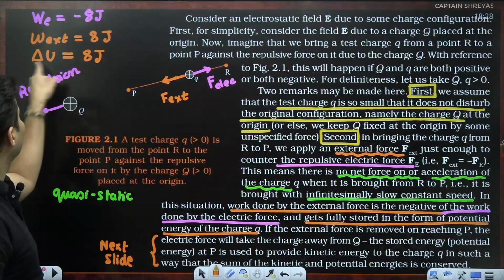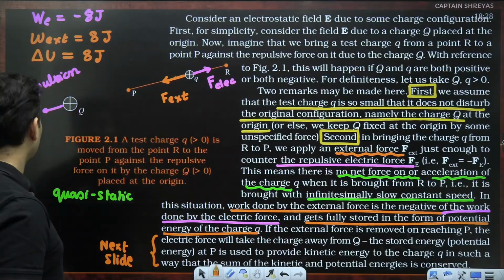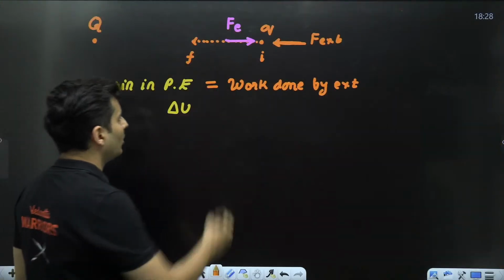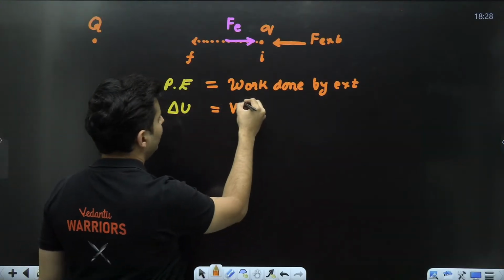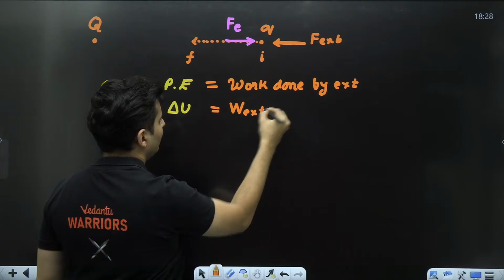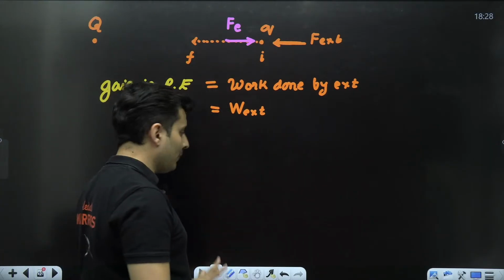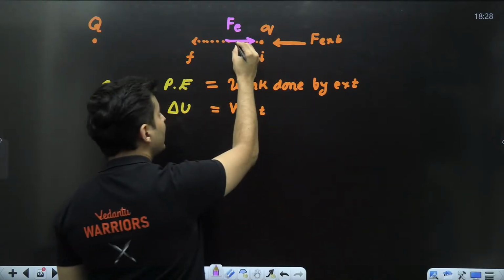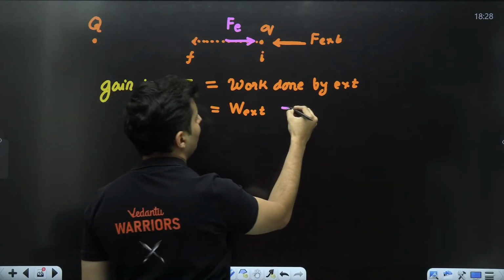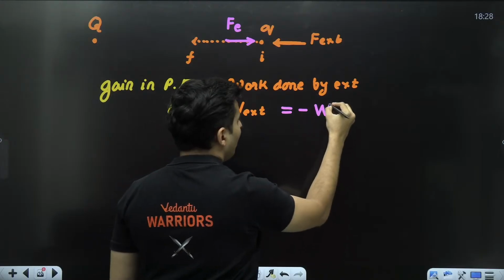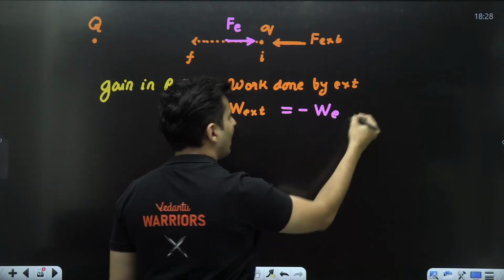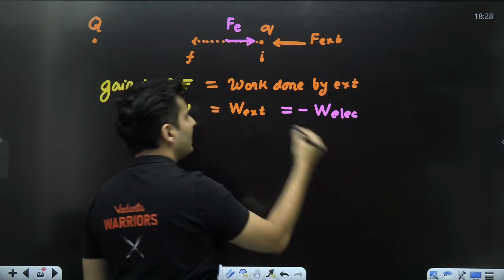Whatever work you do is the increase in the potential energy, which is work done by our external force. At the same time, what happens is the electric force does exactly negative amount of work. So this is minus work done by our electrical force.